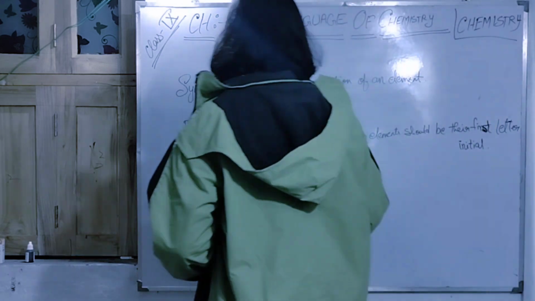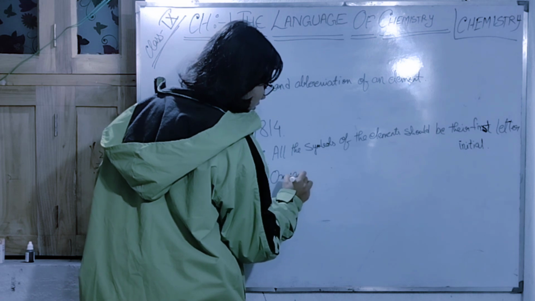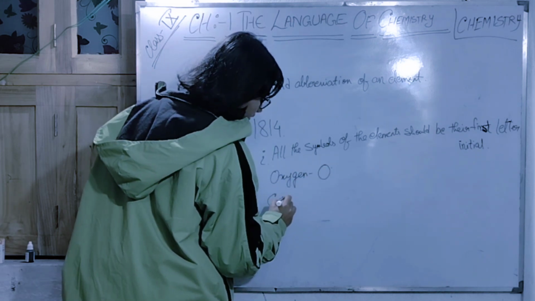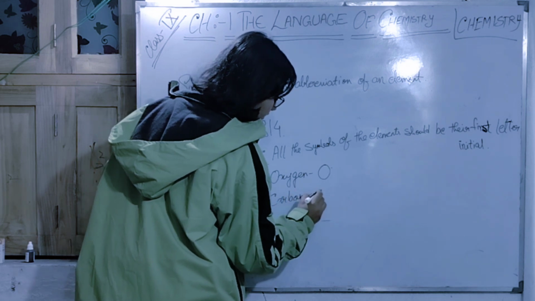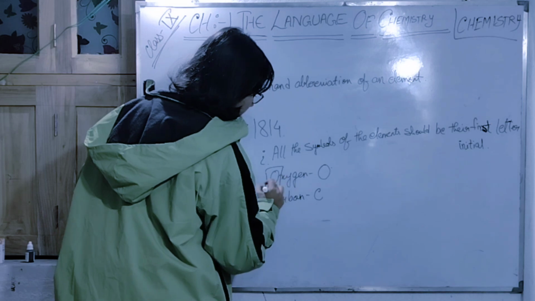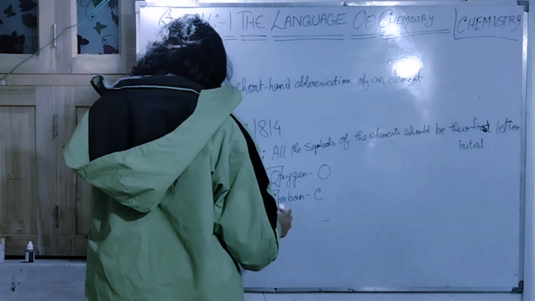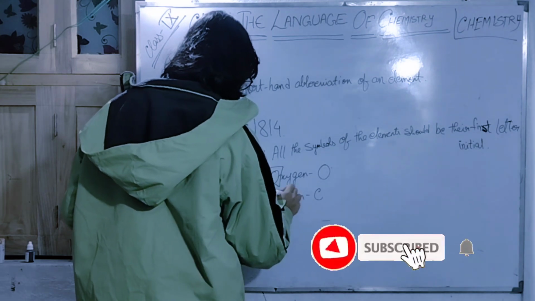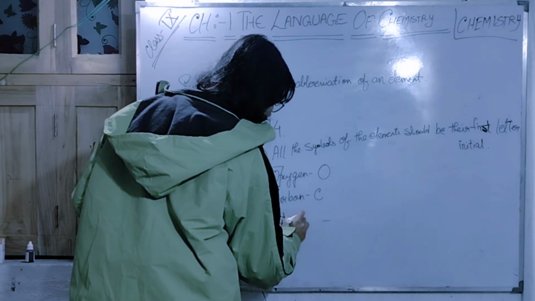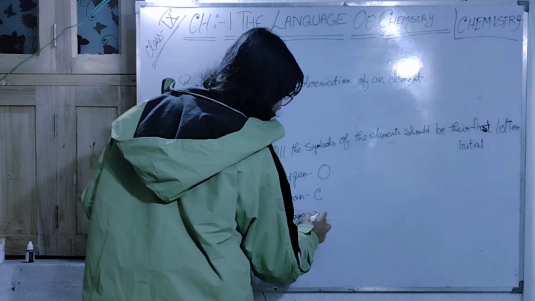For example, oxygen is represented as O. Carbon is represented as C. The first letter is O, here O. C, C. Now, the next is nitrogen. The first letter is N, so it will be N.